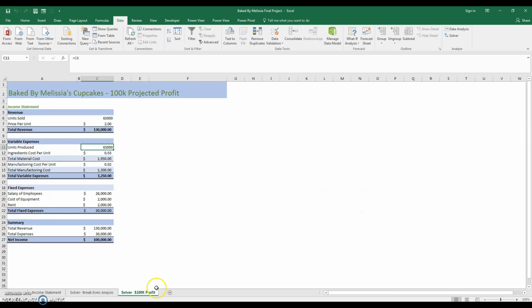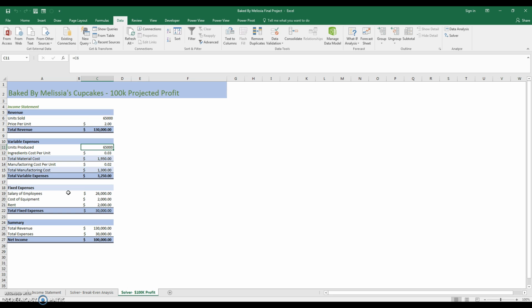So here I created a solver chart for $100,000 projected profit. We want to be positive for the year, and I thought by making this chart I was able to show my manager what our target goal is and how we can meet that target goal.